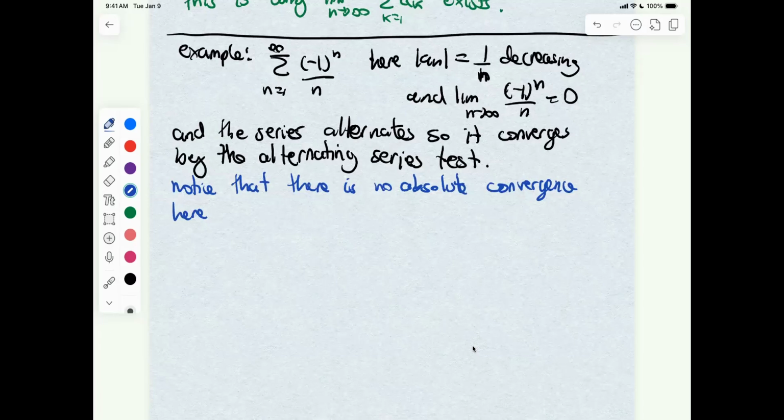Since what is absolute convergence? Where you put absolute values to the terms, right? Since this thing in absolute value diverges.